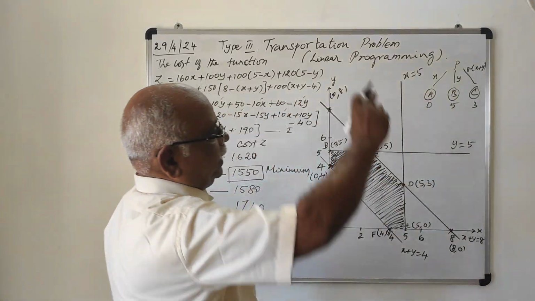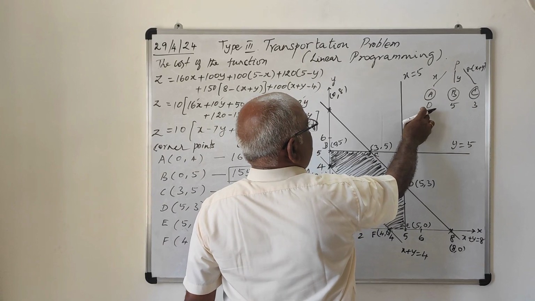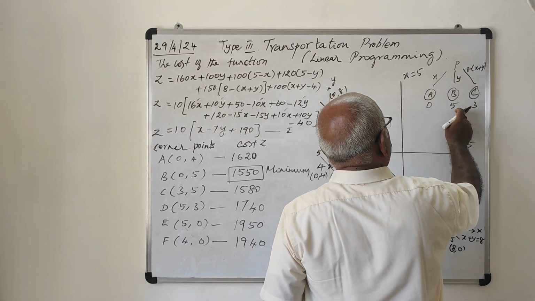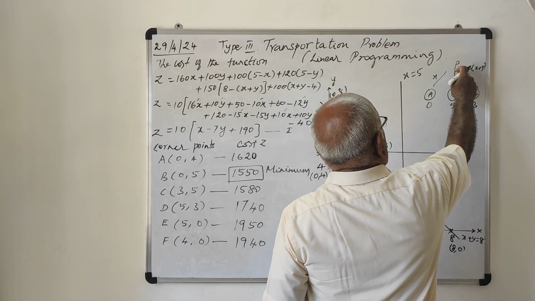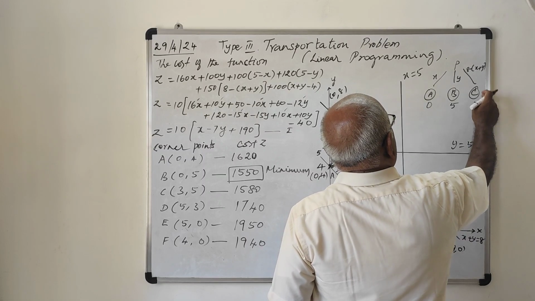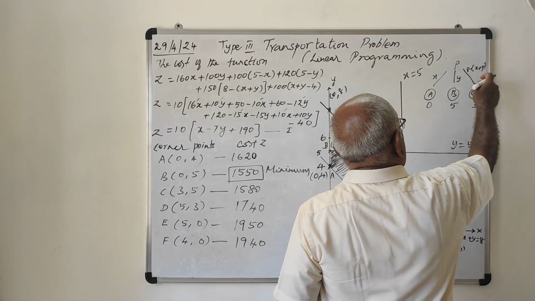So from the factory P, 0 units can be transported to depot A, 5 units to depot B, and 3 units to depot C.